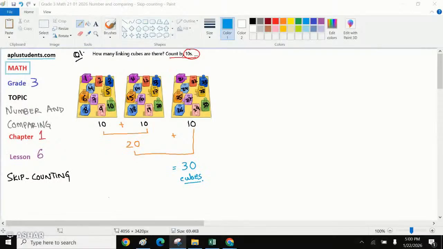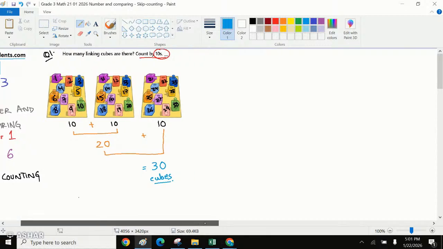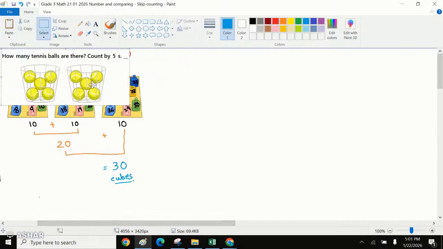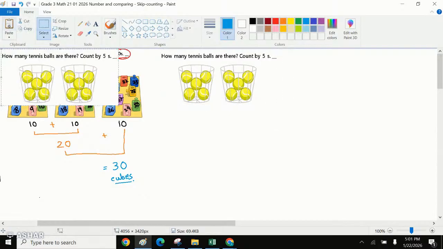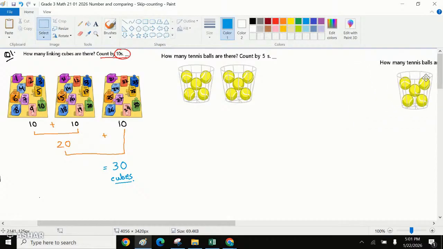Okay. So I'll just write down question number 2. Question number 2 is, we need to count by fives. I'll make an additional copy so that we can reuse this. Okay. So question number 2 says, count by fives.